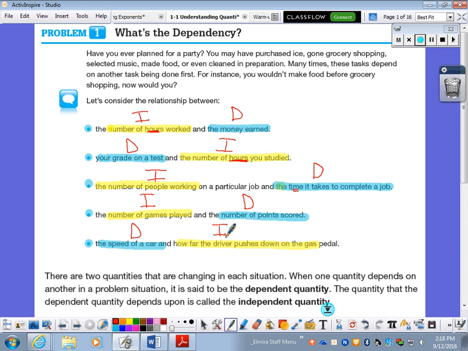And if you think about it the other way, you push down on the gas pedal and then your car goes faster. So it happens in that order. This is the cause. How far you push down on it causes your car to go faster. So that's figuring out dependent and independent.